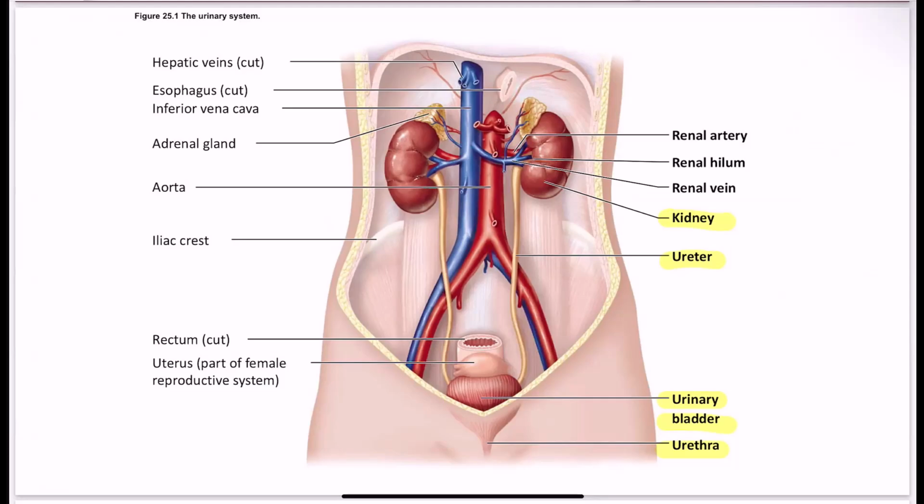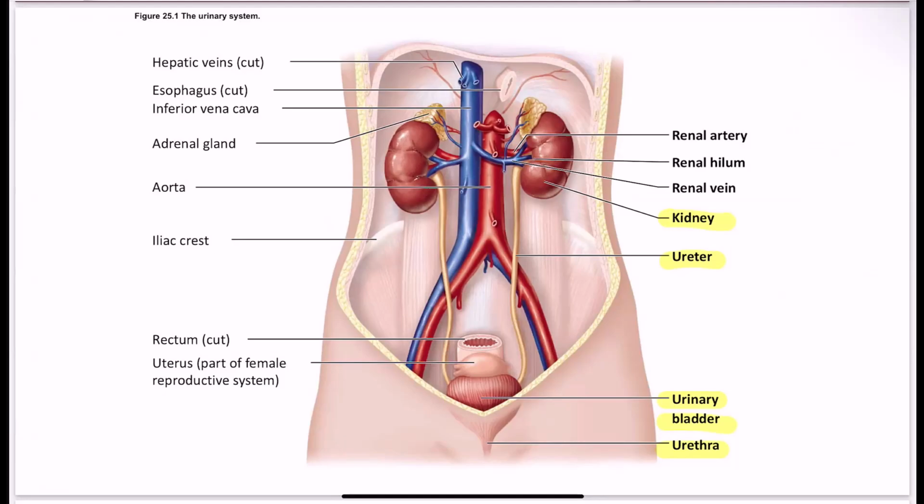The kidneys are retroperitoneal, which means they're behind the peritoneum. Notice that we're looking at a frontal view here, but things like the stomach, the liver, all the intestines, all of that stuff is removed here, because the kidneys are located more on the backside of the body, retroperitoneal.